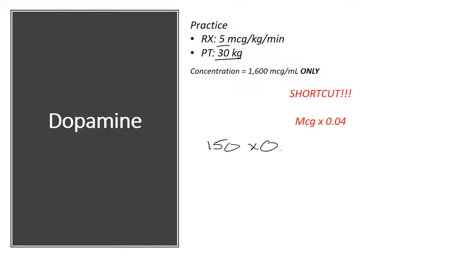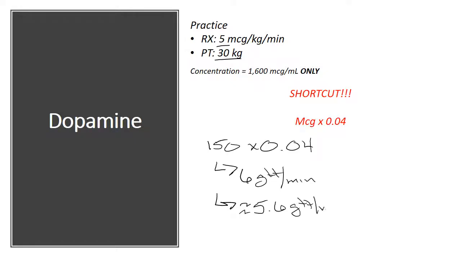So 150 times 0.04 gives us 6 drops per minute. When we did out the previous math, that gave us 5.6 drops per minute. And with this, we're titrating to effect.